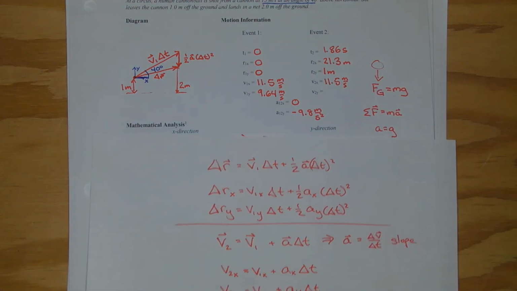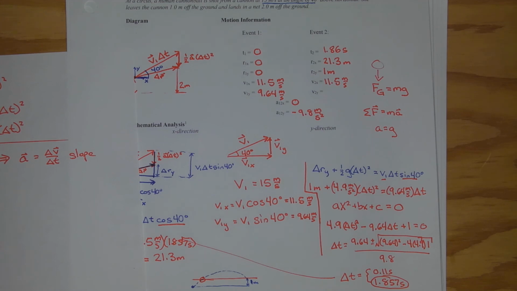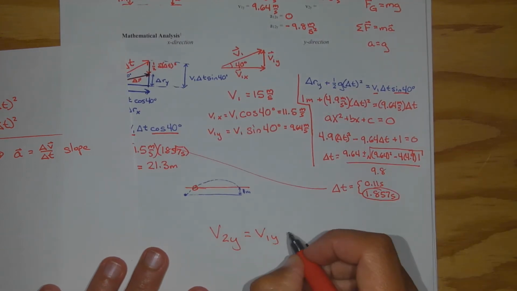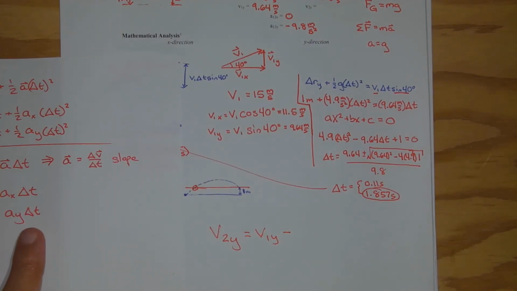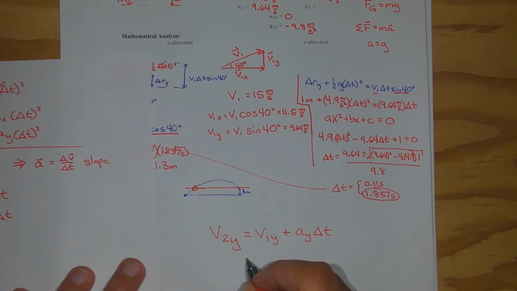And then finally, usually the last step in all of these problems is going to be to use this equation to find v2y. So I have v2y is equal to v1y plus ay times delta t. v1y is positive.